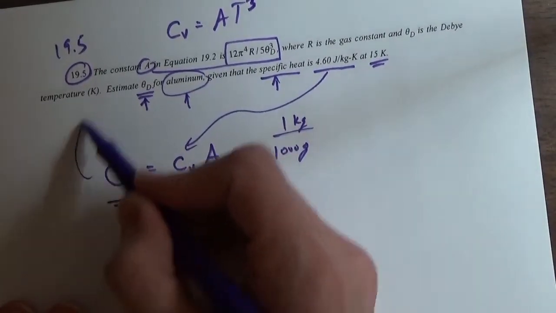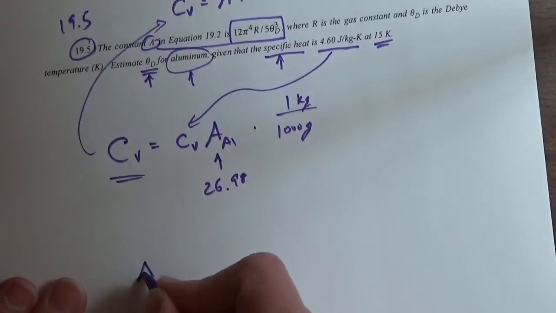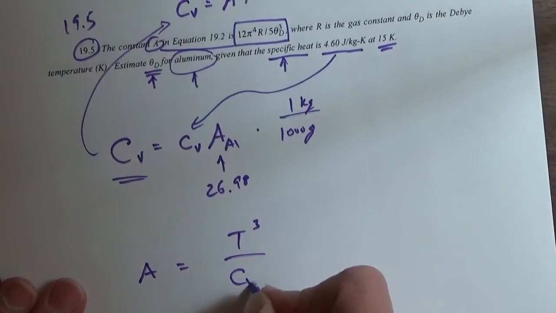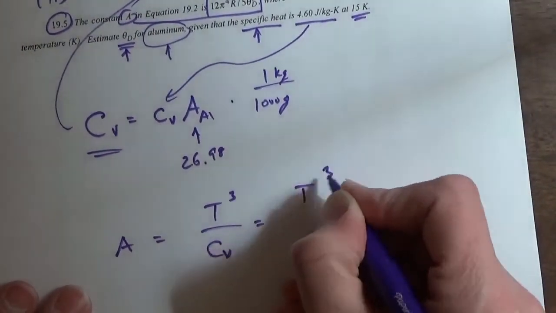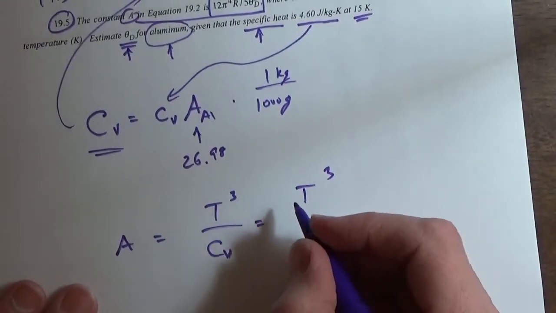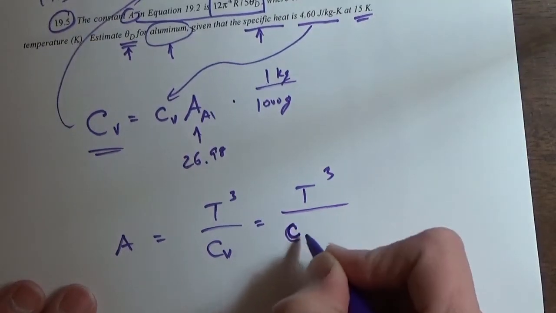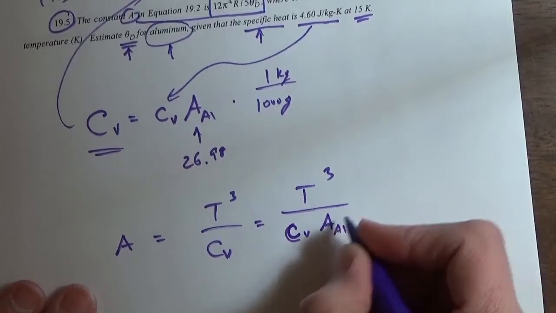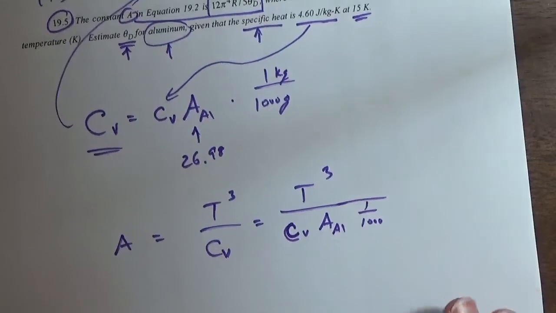And let's substitute that into this as well to get A is equal to T to the 3 over CV.